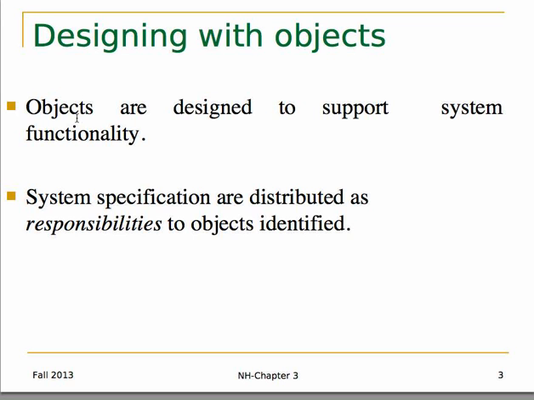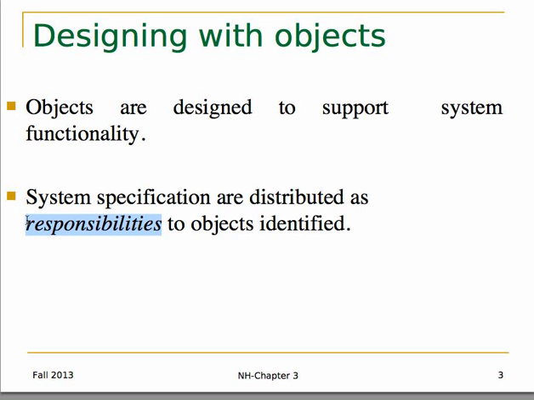Objects are designed to support system functionality. If you're designing a chess game program, you have to have the right kind of objects to make that chess game functionality come out. System specifications are distributed as responsibilities to the objects identified. This is another piece of terminology that we will introduce in this chapter.